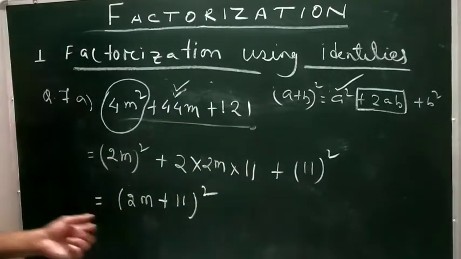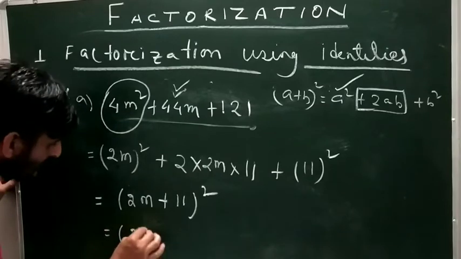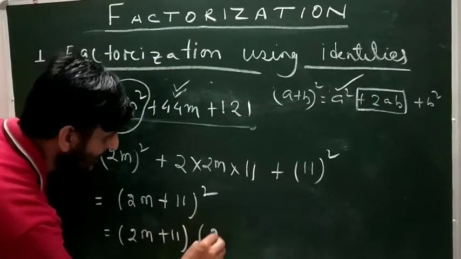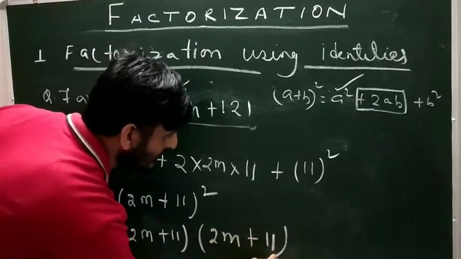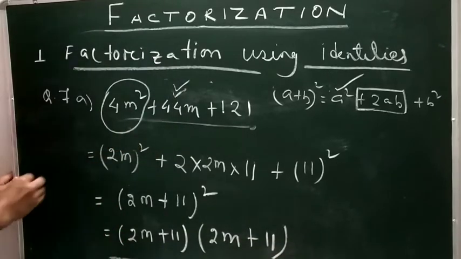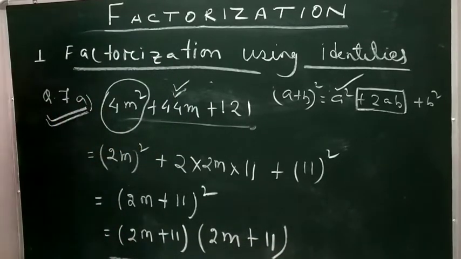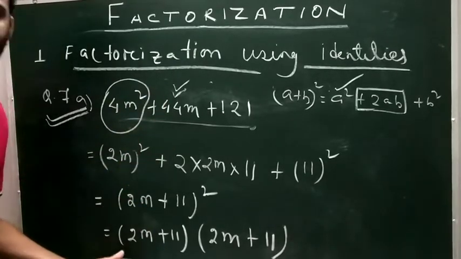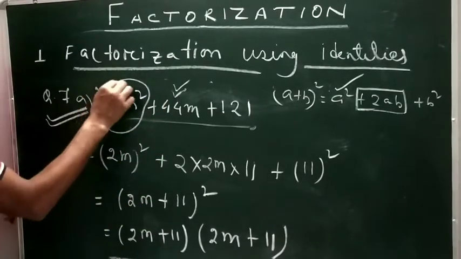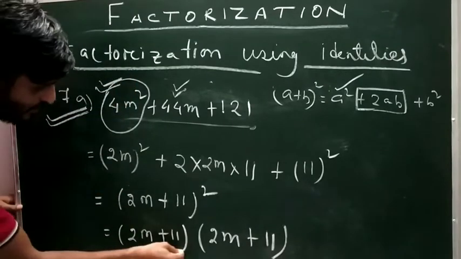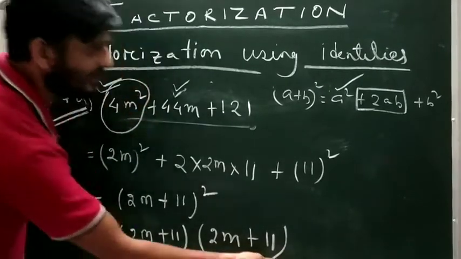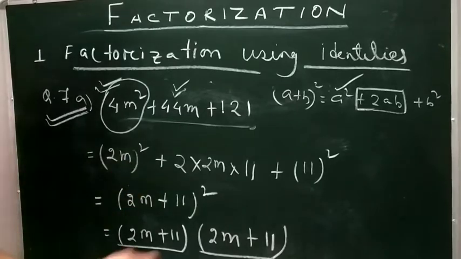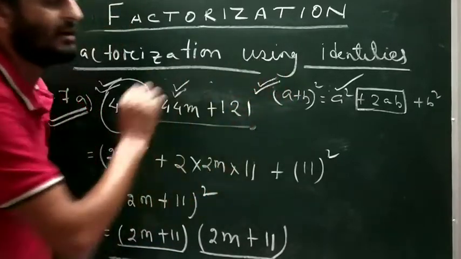So it is (2m + 11) and (2m + 11), and this is the factorization of this algebraic expression, because factorization means writing an algebraic expression as the product of different terms. So we have written this algebraic expression as the product of this multiplied by this. This is the example of using identity number 1.